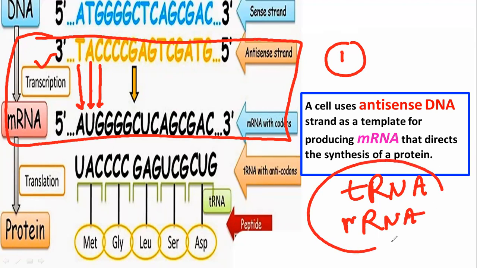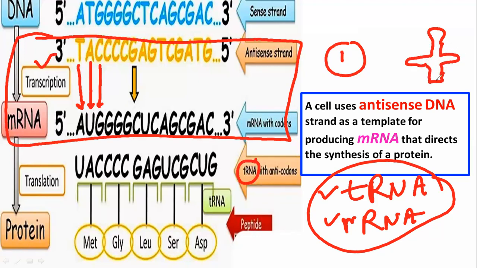I hope you remember that topic when we discussed the function of these two. tRNA, I hope you remember, has a clover leaf kind of structure, with the anticodon here and the amino acid here, this part. So this tRNA with anticodon is going to be here.